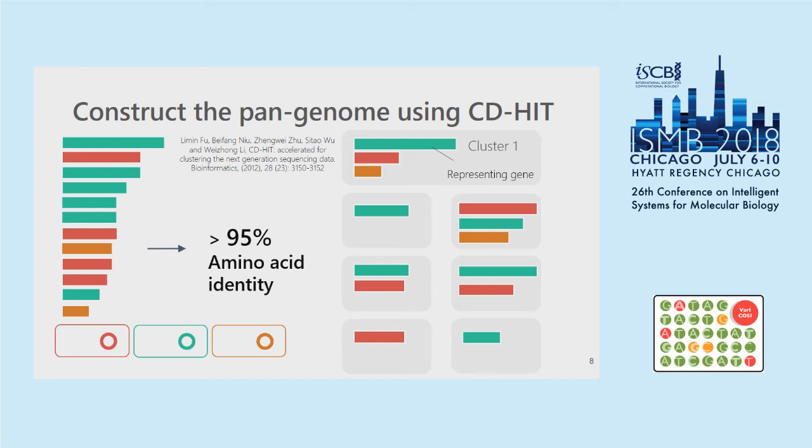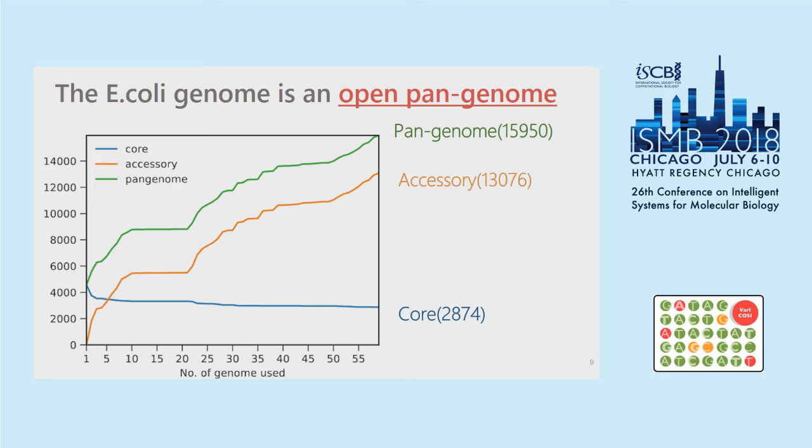So as you can observe, there are generally 2 kinds of clusters. The first one is the core clusters, meaning that all strains of the bacteria have at least 1 gene in that cluster. And the remaining are the accessory clusters. So here comes our pan-genome. As more and more genomes are used, the size of the pan-genome grows rapidly, and so does the accessory genome.